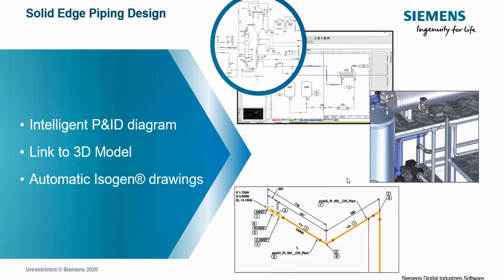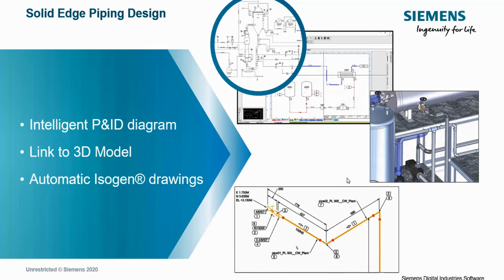So we had a look at intelligent P&ID diagrams. We had a look at using libraries of symbols, design rule checking to ensure accuracy. We showed the intelligent PDF generation for downstream collaboration, design reviews. Then we showed 3D CAD.